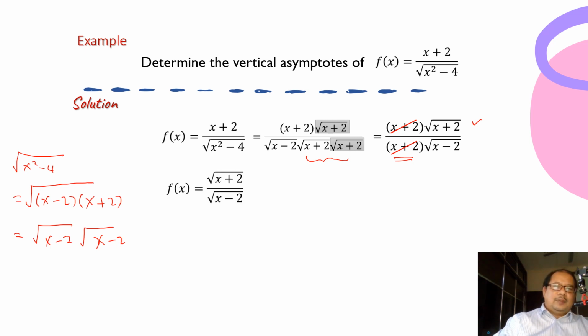Jadi, fungsi dia boleh tulis dalam bentuk yang terringkas, square root of x plus 2 over square root of x minus 2. So, denominator ni akan menjadi undefined or 0 bila x sama dengan 2.